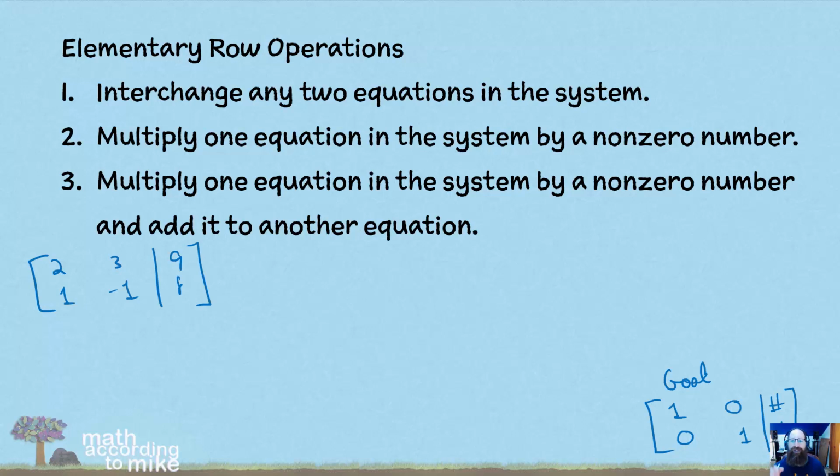So my rule is start with the leftmost column. Make your 1 and then make your 0. I'll say that again. Start with the leftmost column. Make your 1 and then make your 0. So for instance, here is the leftmost column, which needs to match this leftmost column.